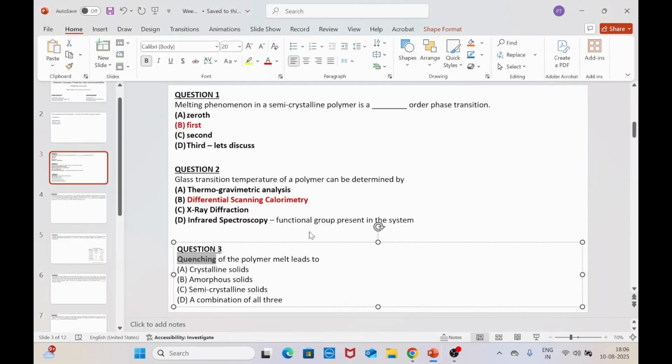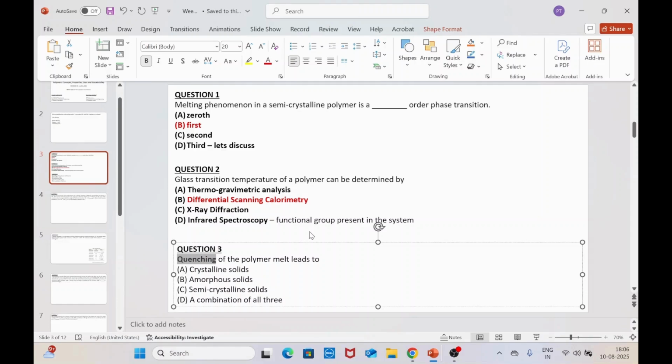It's something related to cooling of the system. So quenching means sudden cooling, like you cool the system abruptly. You take it from the initial state of that system to a lower temperature, and this decrease in temperature is not going to be gradual, but sudden.